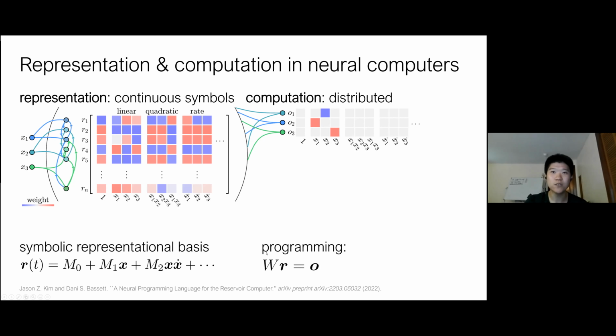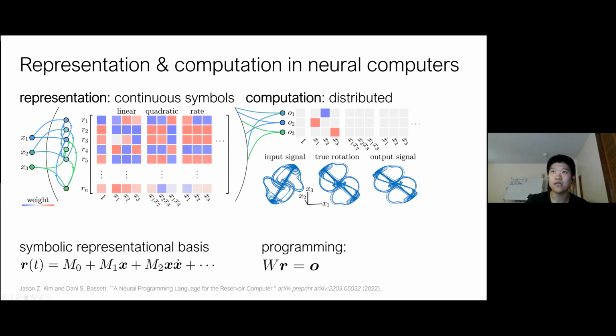And when we do this programming through this matrix W that encodes all of our linear mappings, when we drive our recurrent neural network with some complex time series, this input signal, the rotated output is going to actually match the true rotation quite well, right?